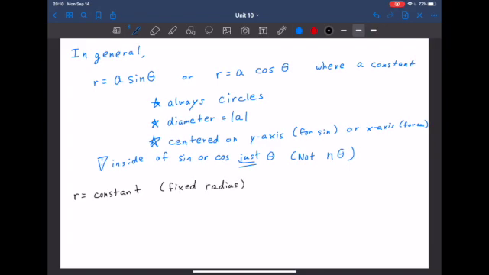Radius, which should give you an idea that these will always be circles centered at the origin, or the pole, with radius equal to the constant. Whatever number is here, that's the number that the radius will be. Should be clear?